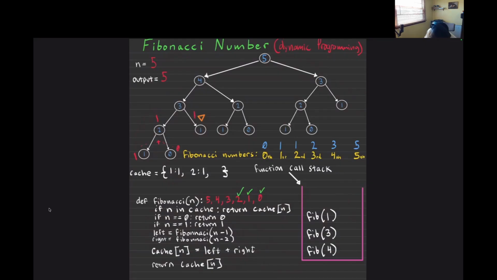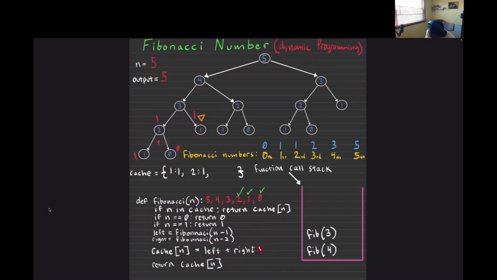All right? So now that we return it, what called fib of 1? Well, fib of 3 did, okay? So I can go ahead and delete this here. And fib of 3, this guy, remember, so fib of 3 is equal to left plus right, right? So I'm gonna update our cache here.